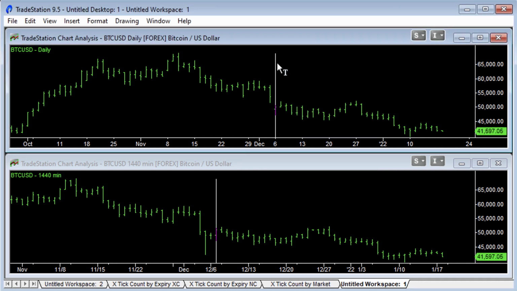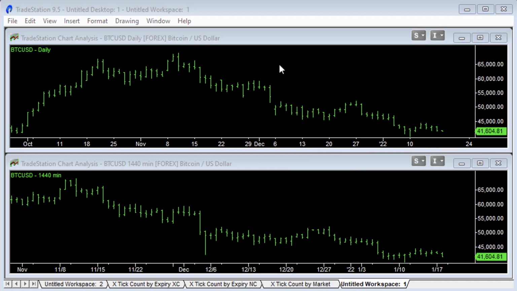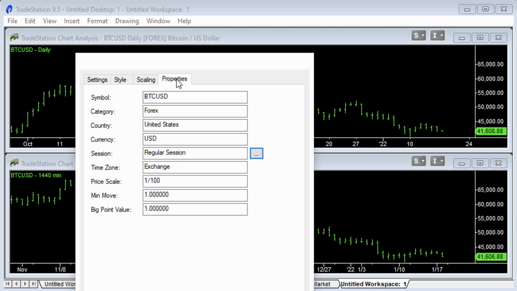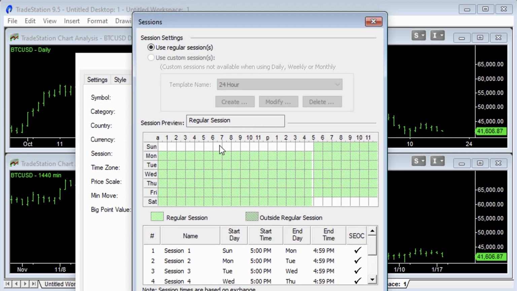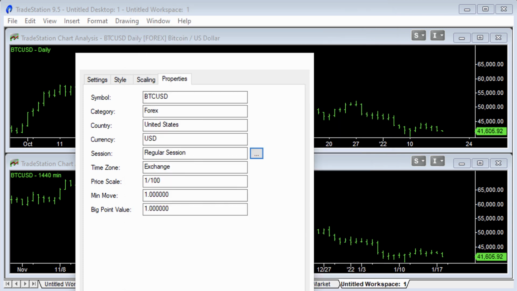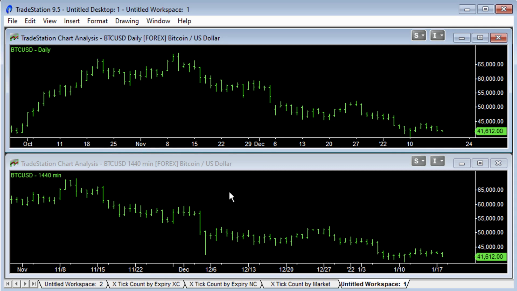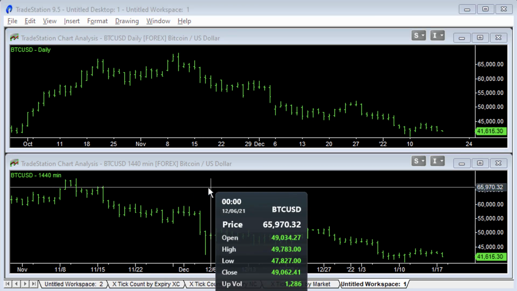So that weekend activity is not being captured. And when you go to the settings of this daily chart, you go to properties and look up the sessions, you can see that they're missing some data here. The data is not being captured on Sundays. So effectively this is a 24/6 chart, whereas those markets are actually trading during that weekend period.